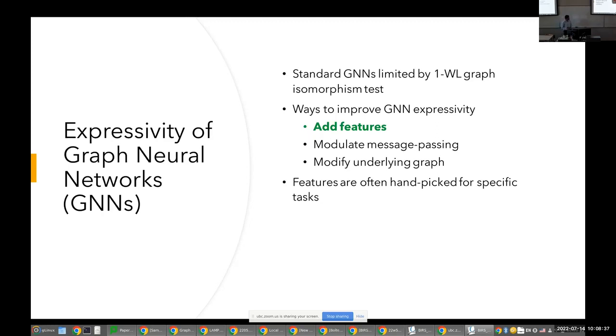One of the issues with this approach is that these features are often handpicked according to the tasks you're trying to solve. There's an art to figuring out which substructures you want to encode. Our goal is to find a more general purpose set of graph features that enhance GNN expressivity, task agnostic to the extent possible.